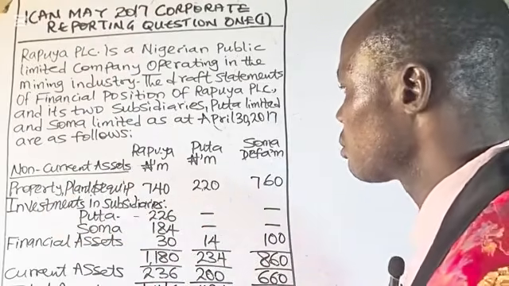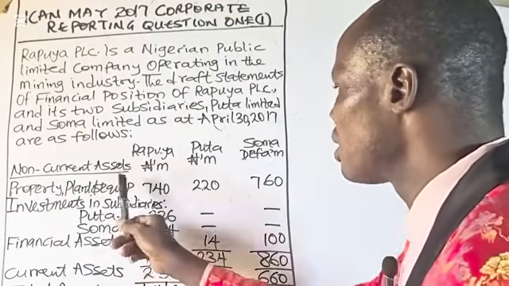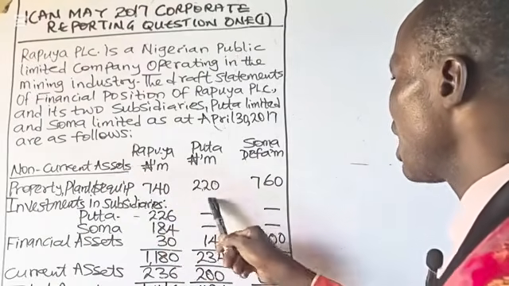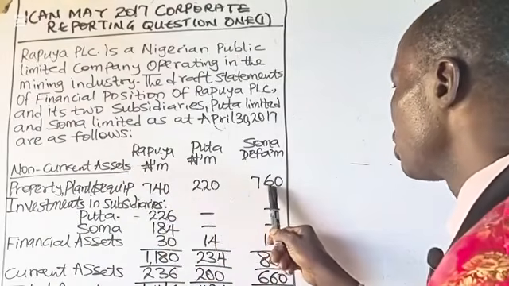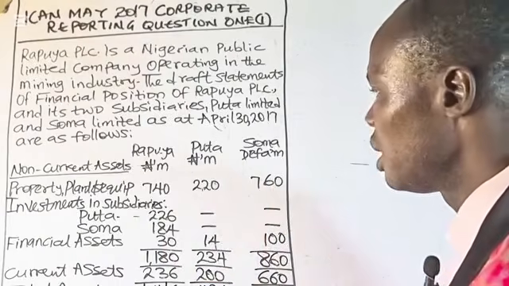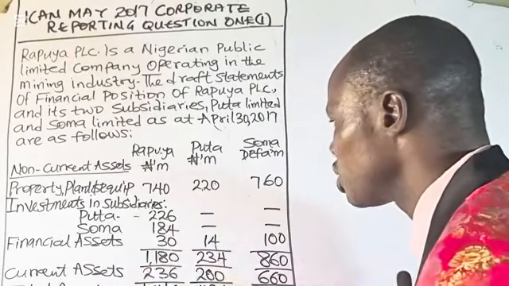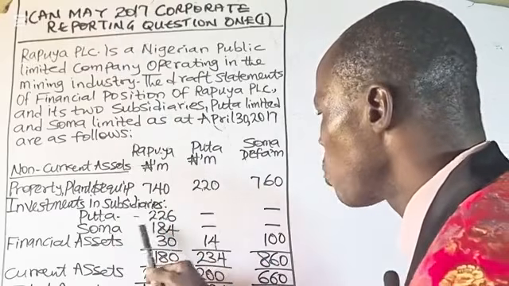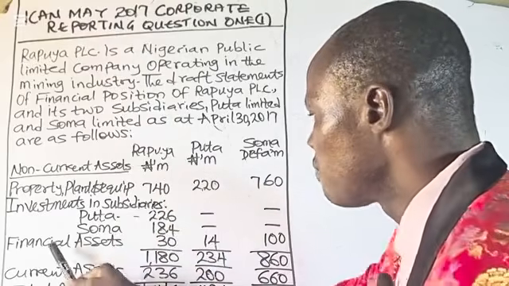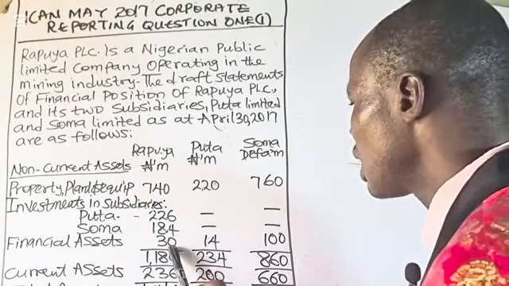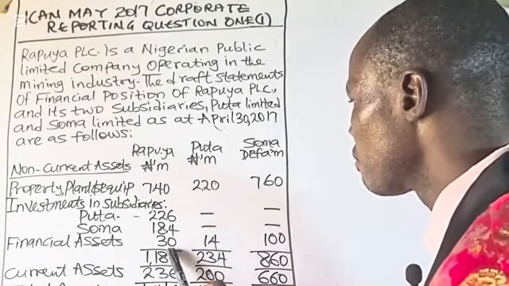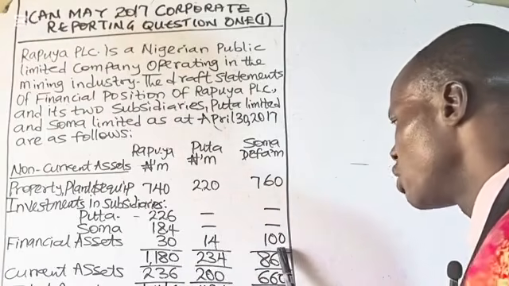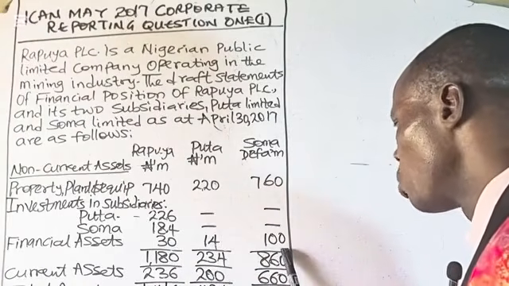Non-current assets. We have property, plant and equipment, 740 million, 220 million naira, 760 million DEFA. Investment in subsidiaries, Puta 226 million naira, Soma 184 million naira. Financial assets, 30 million for Rapuya, 40 million for Puta, 100 million for Soma.